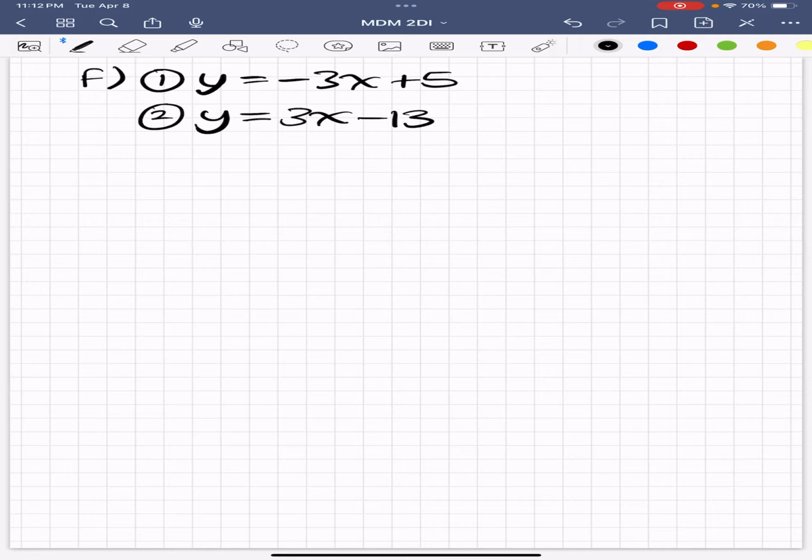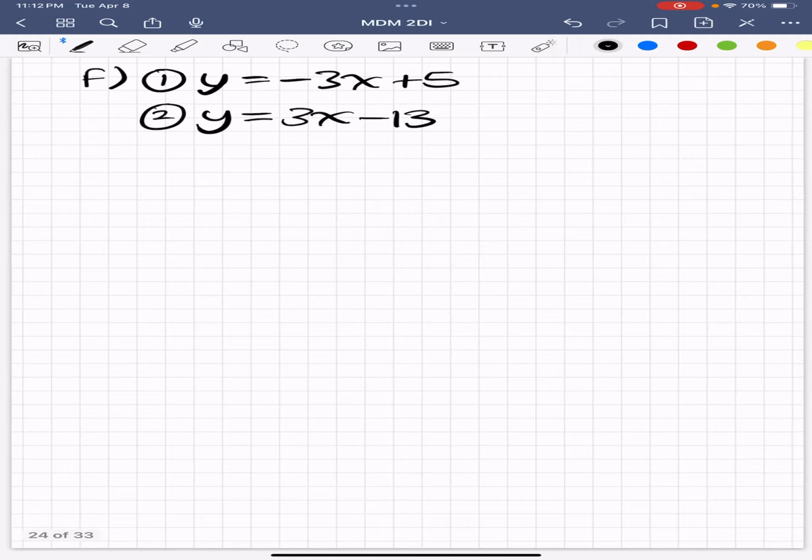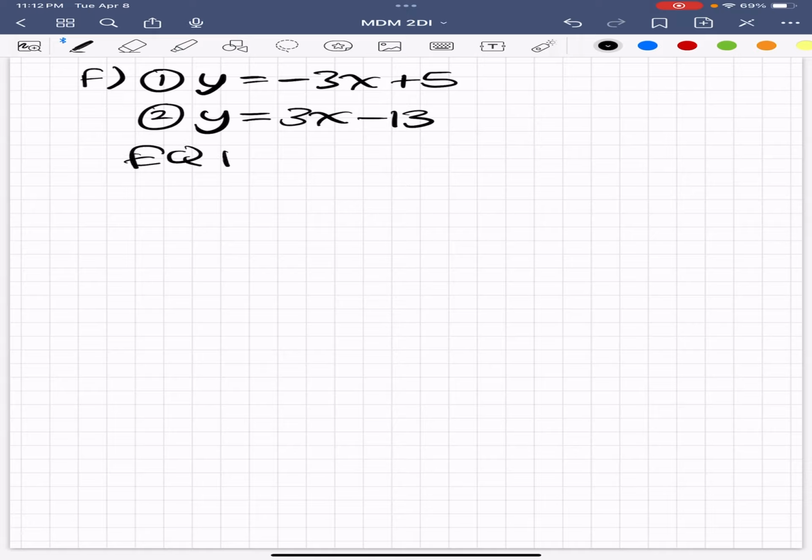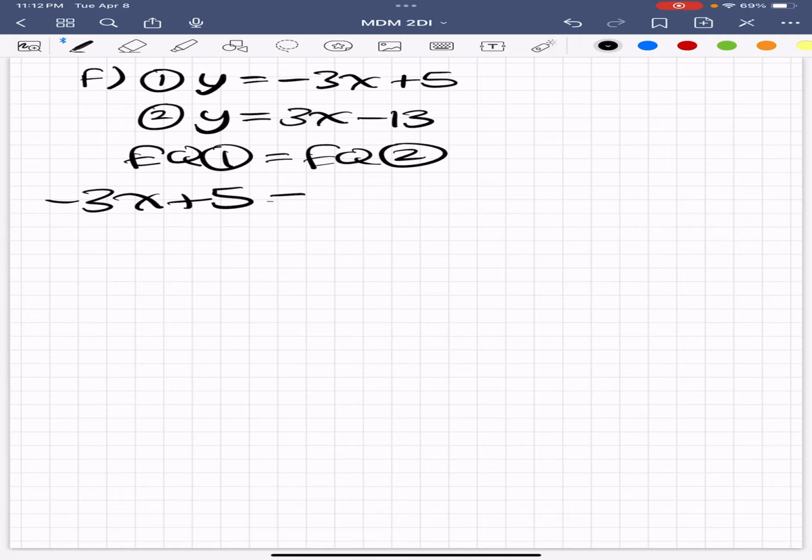And then we have equation 1 equals equation 2. And then we have negative 3x plus 5 equals 3x minus 13.